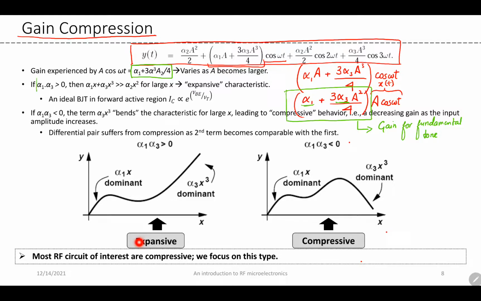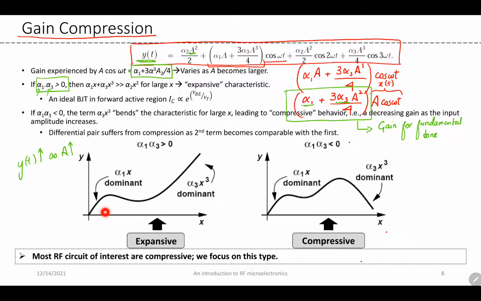If the product of alpha 1 and alpha 3 is greater than 0, then y of t expands as a increases.